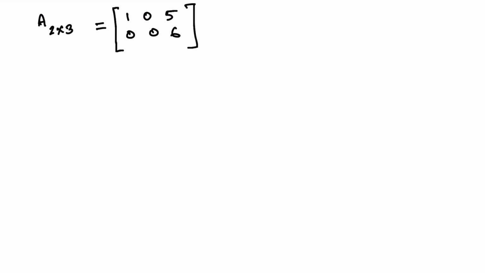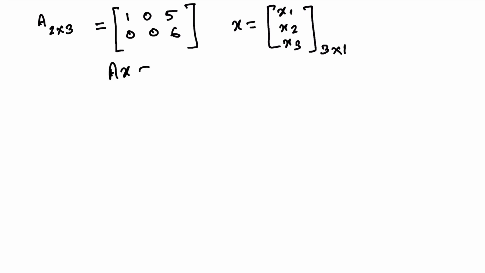And x, this variable will be 3 variables x1, x2, x3, 3 into 1, so that Ax will be of order 2 into 1. So just multiply and see, and we have to put it equal to 0. If we multiply Ax, the first one will be x1 plus 5x3, next will be 6x3, and we put it equal to 0 here.